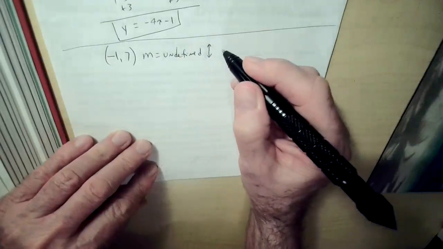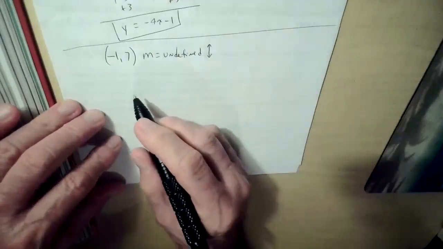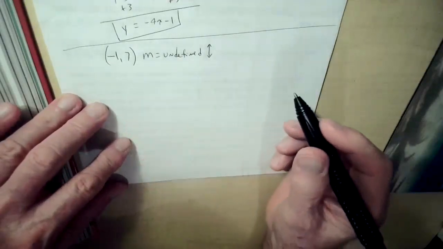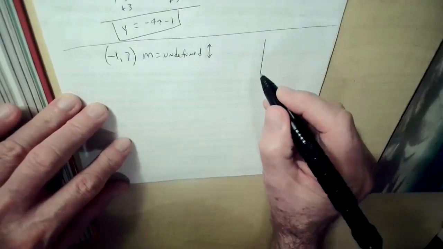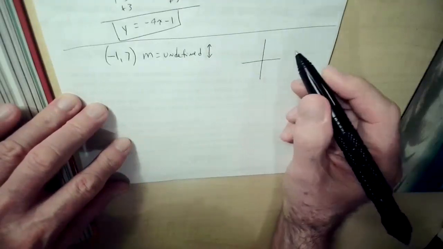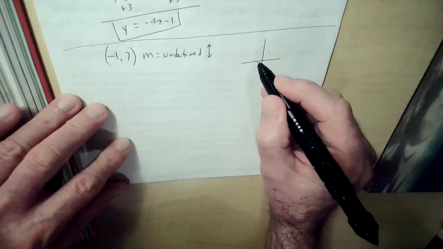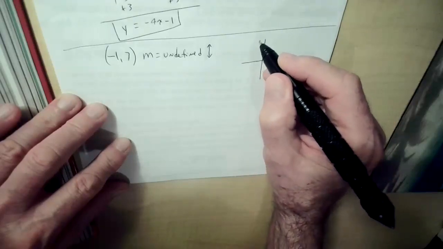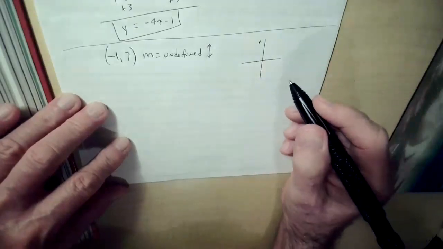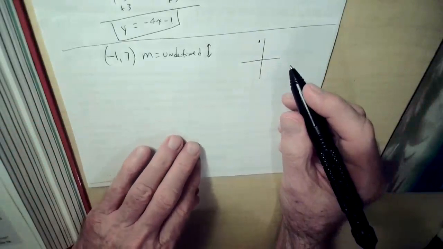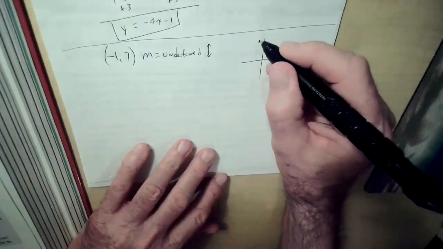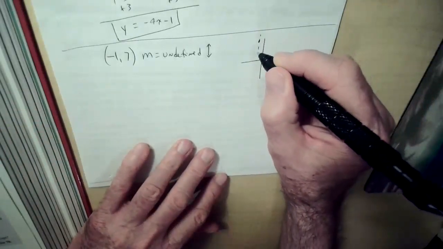Remember, undefined slope is up and down. Undefined. Through -1, 7. I'll tell you what I would do here. I'd draw pictures. -1 is here, and 7 is here.